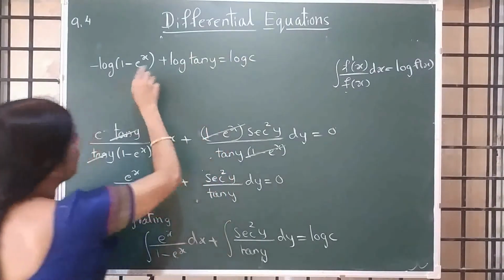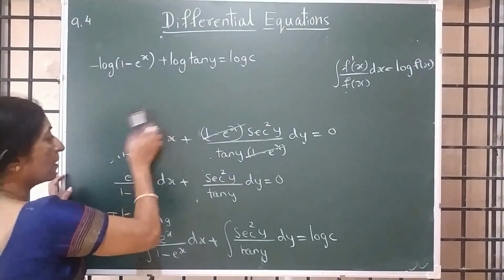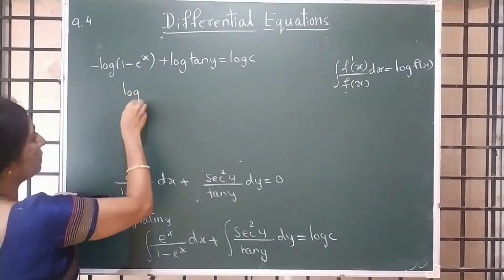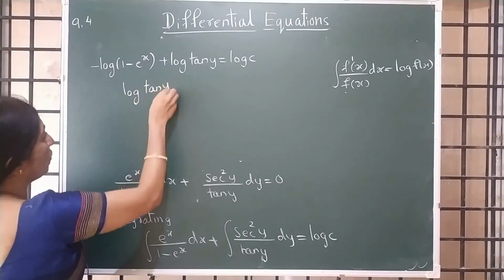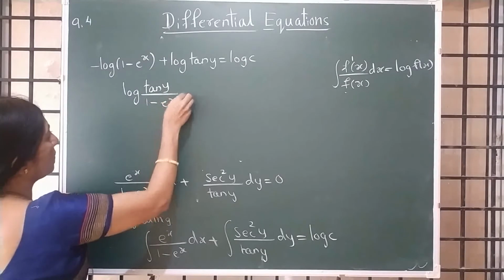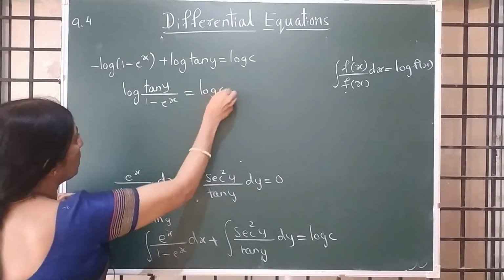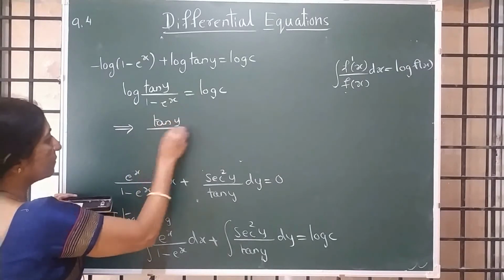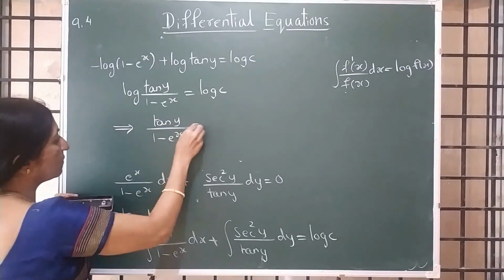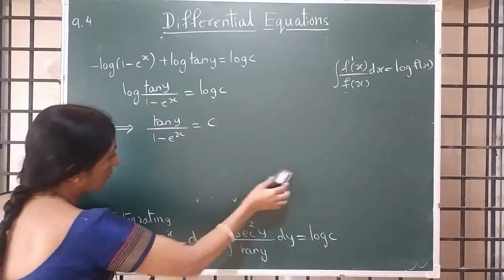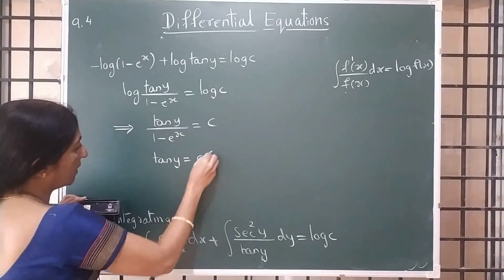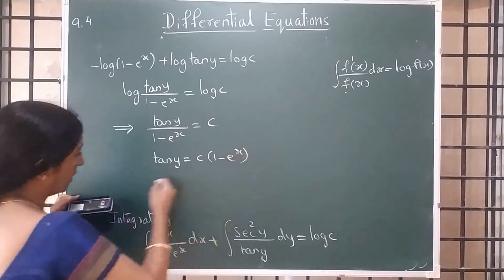Yes, it is in the form of log m minus log n. That is log m upon n. Now on both the sides, log gets cancelled. So tan y is equal to c in the bracket 1 minus e to the power x.